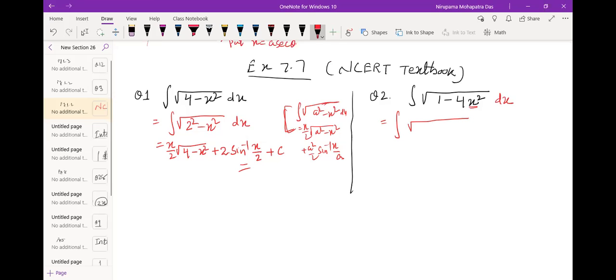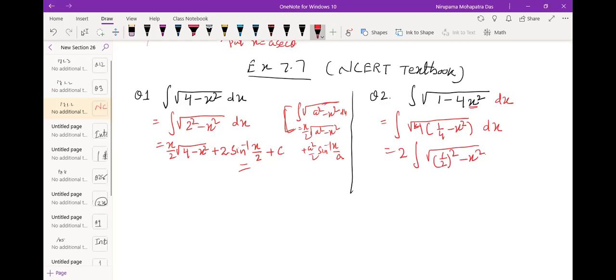It is actually 4 into 1 by 4 minus x square, so we are getting 2 times the integral of square root of 1 by 2 square minus x square.